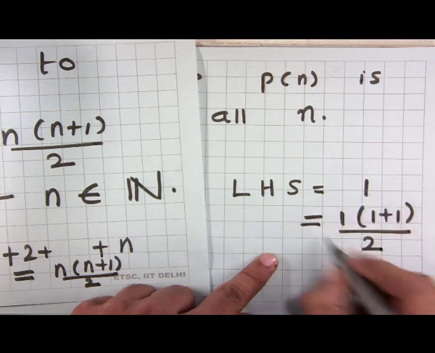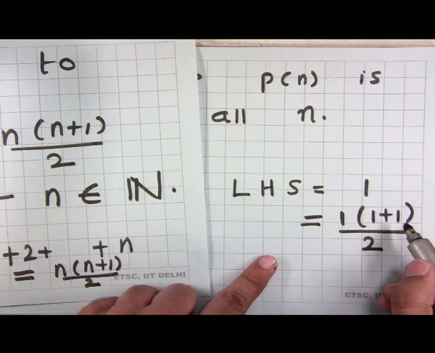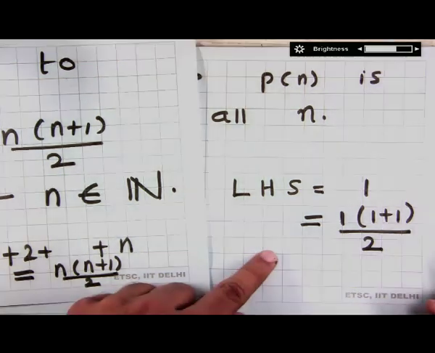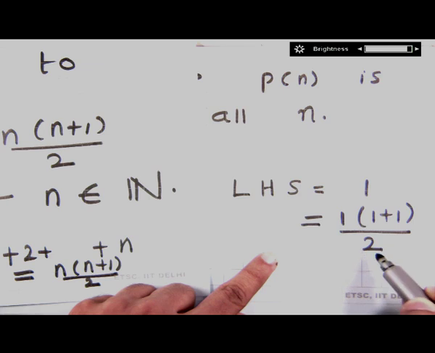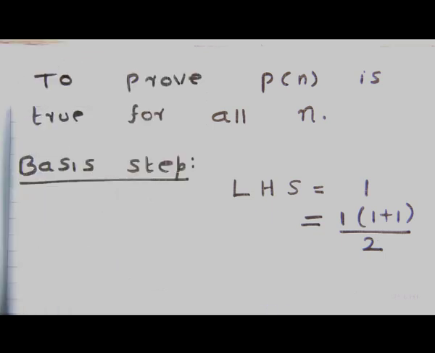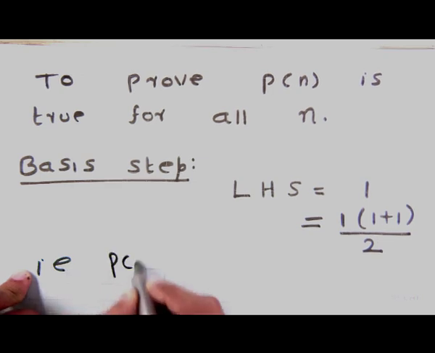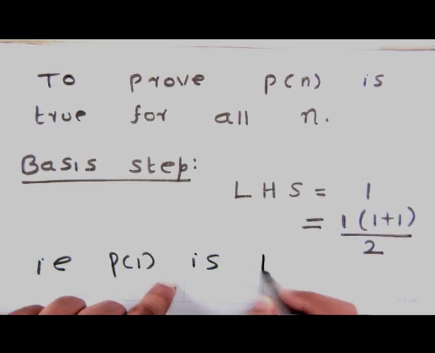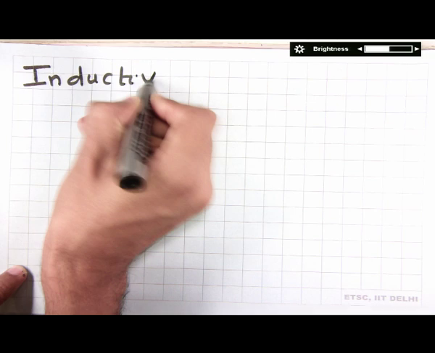This is obtained by just replacing n in the formula with 1, and you can see that 1 is the same as 1 into (1 plus 1) by 2, because the 2 and 2 will get cancelled, and this is an equality. That is, P of 1 is true. This finishes the basis step.